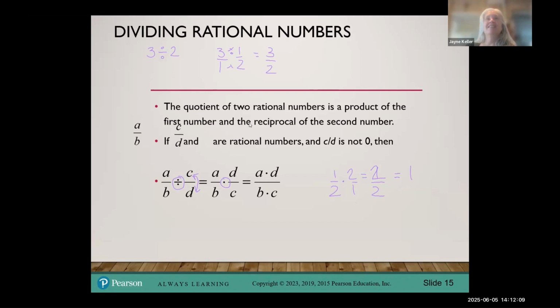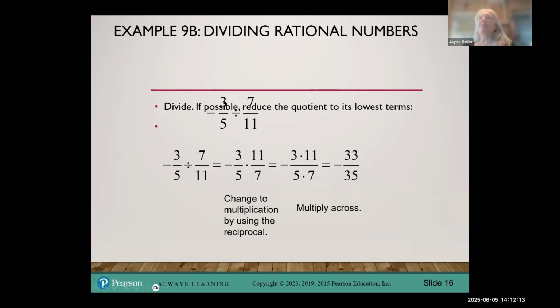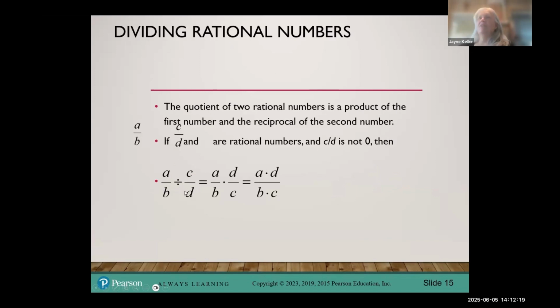Okay, let's see. All right, so 3/5 divided by 7/11. I'm going to put it on the back screen so that we don't have to look at all that messiness. First write out the division problem, and then I'm going to rewrite it as a multiplication problem.